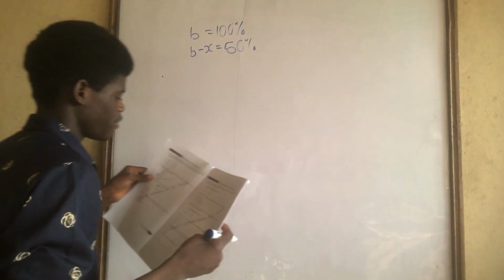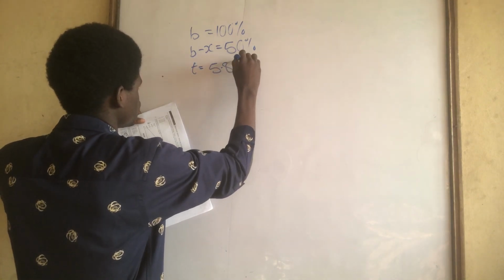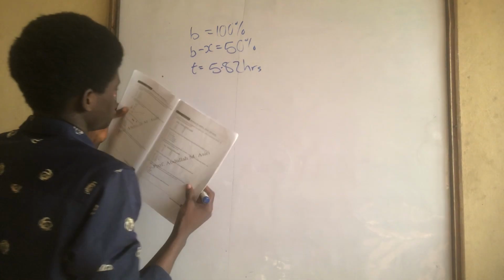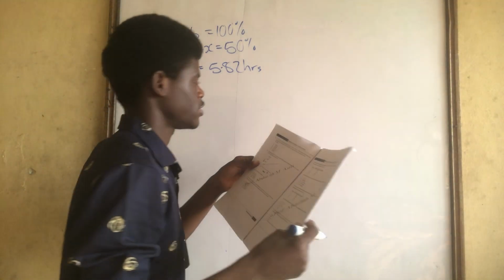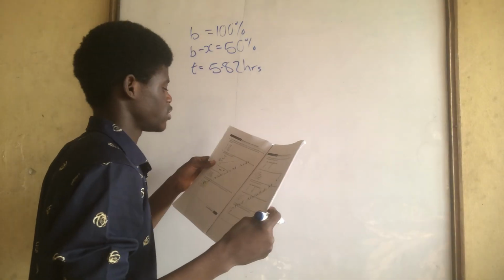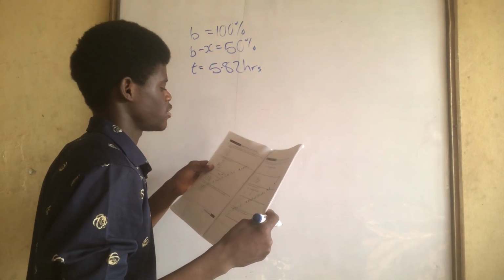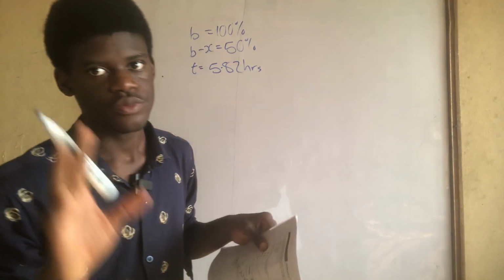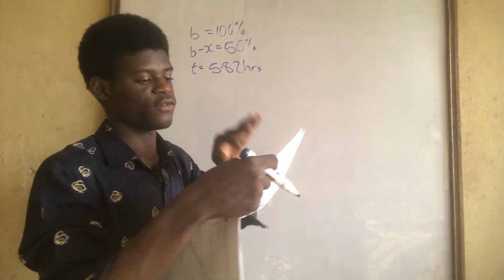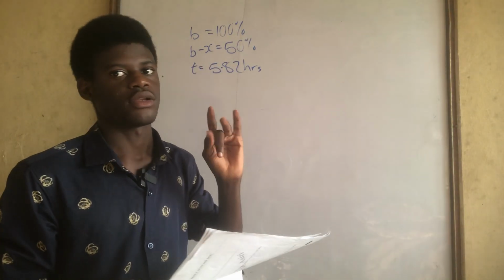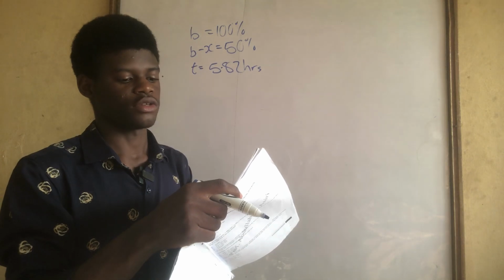So it is 50% complete after 5.82 hours, when the initial concentration of NOCl is given. Then they ask, how long will it take for the reaction to be 75% complete? You can see we have the initial concentration as 100%, and they also gave us the initial concentration as 4.46 mole per liter. But in this kind of question, just ignore the initial concentration.